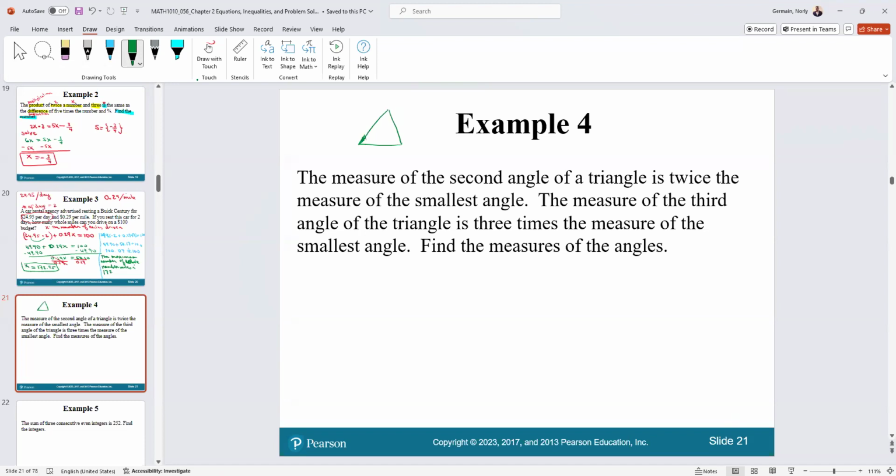The measures of the second angle, angle one, angle two, and angle three. So we could say side one, side two, side three. The measure of the second angle is twice the measure of the smallest angle.